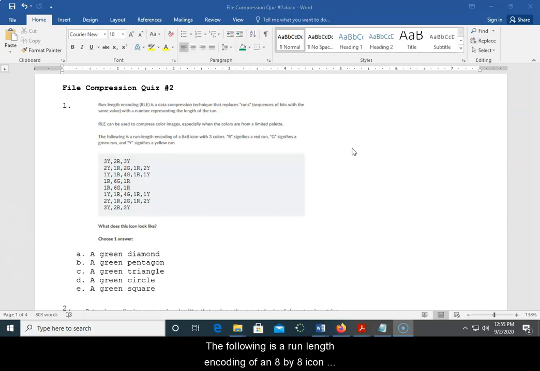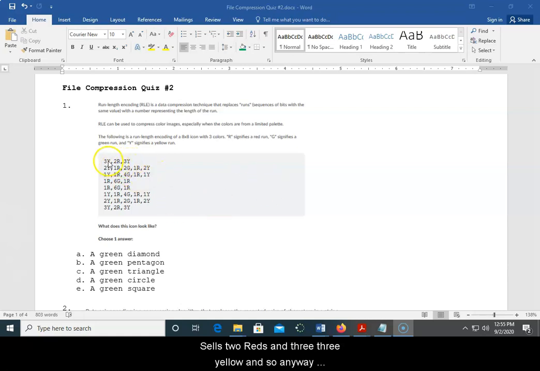The following is a run length encoding of an 8x8 icon with 3 colors: R signifying a red run, G signifying a green run, and Y signifying a yellow run. So you've got 3 Y, so that means there's going to be 3 yellow cells, 2 reds, and 3 yellow.